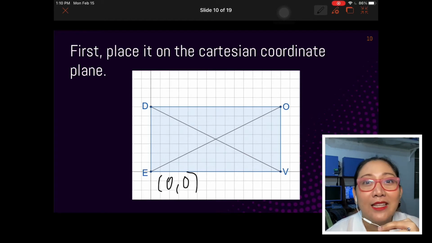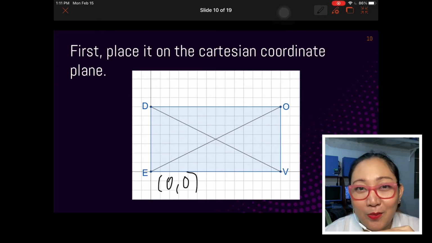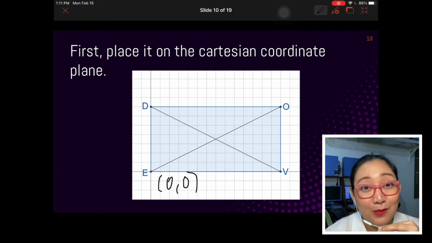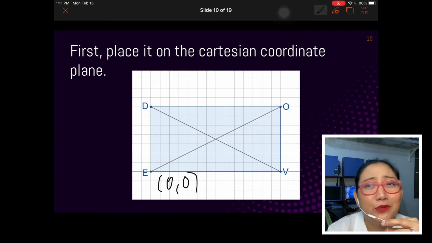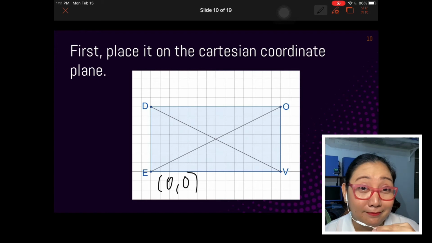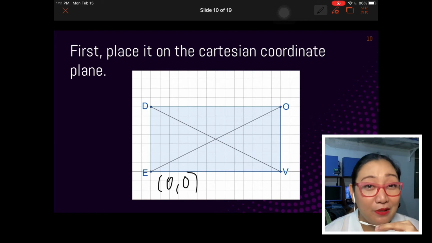You cannot assume. Remember, the first cardinal rule in geometry is to never assume anything. So you're not supposed to assume the value of V. You might ask, ma'am, how do we solve this? We have no values. Children, we can use a variable. That's what variables are for, if the value is unknown.